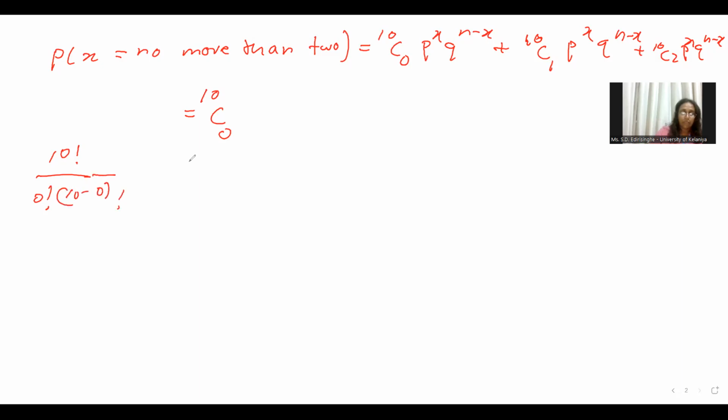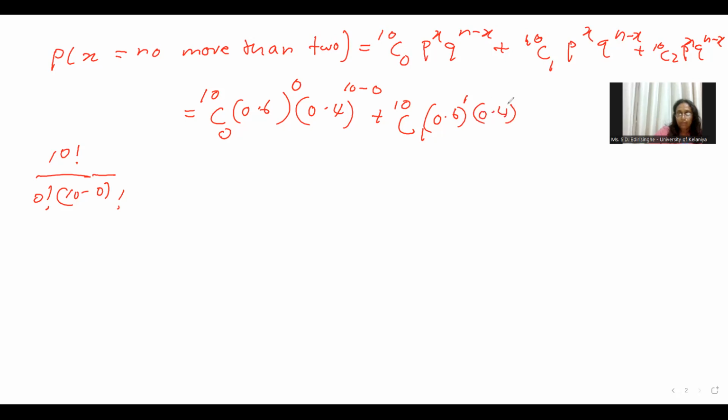So you can simplify them. P here is 0.6. X here is first time 0. Q is 0.4. N here is 10, 10 minus 0. Plus 10C1. P here is 0.6, to the power 1.